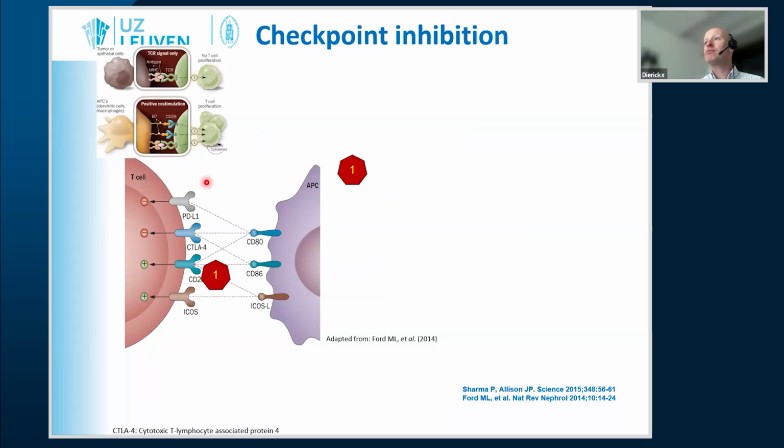So when a T cell wants to fight, for example, a virus, the first step will be that the CD28 on the T cell will bind to CD80 and CD86 on the antigen presenting cell, and this will activate the T cell.